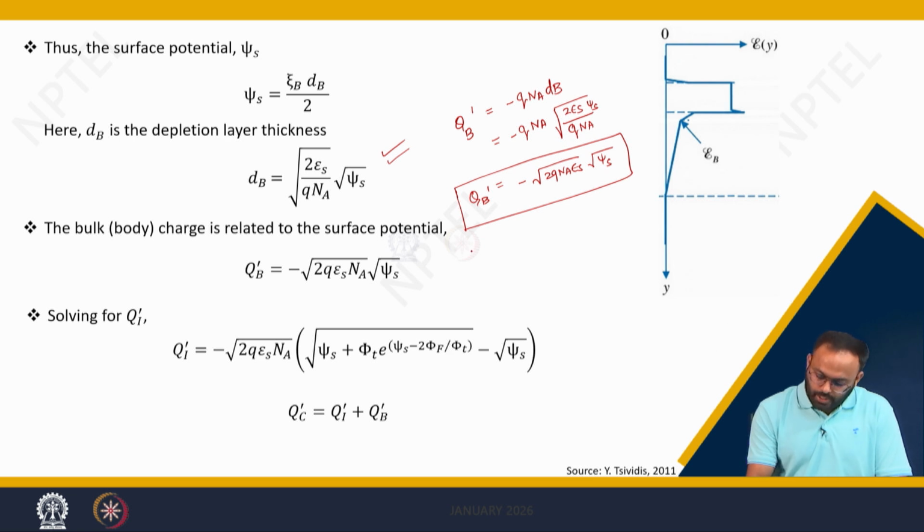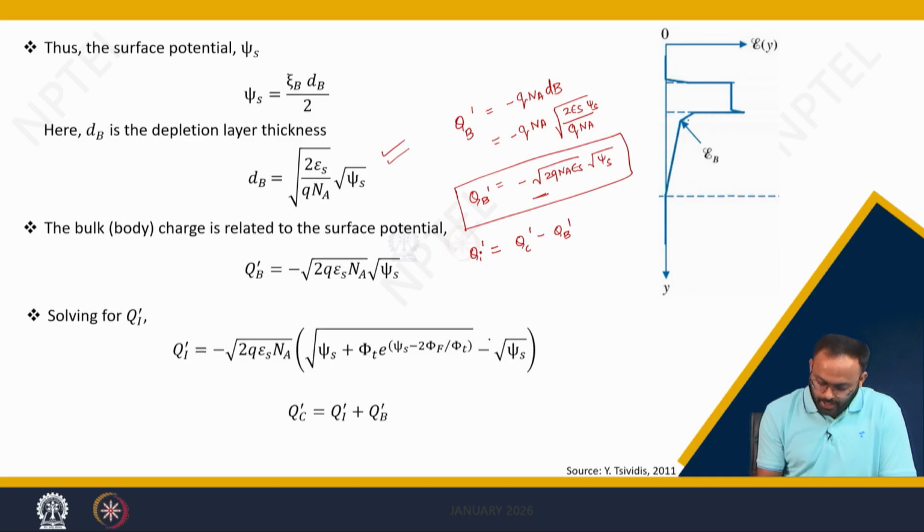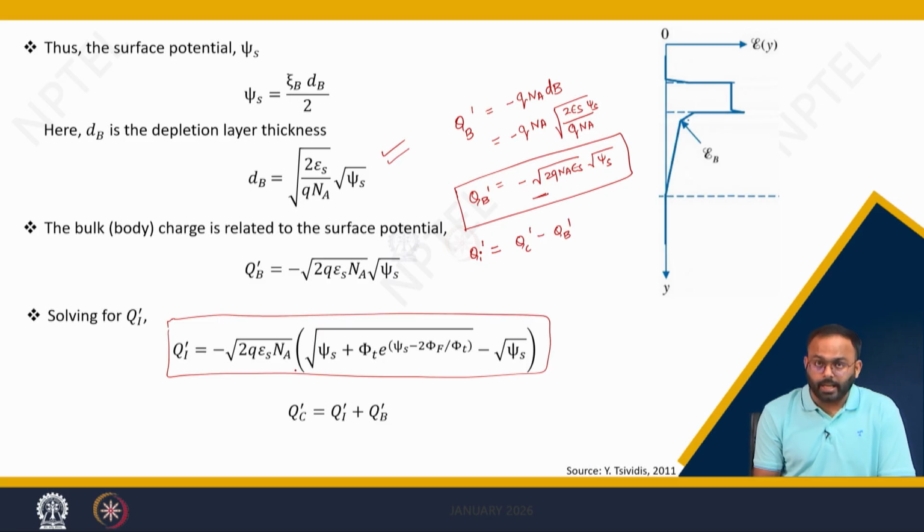Now, I am interested in calculating the inversion charge. We have already discussed that the inversion charge can be given by the total charge minus the bulk charge. Hence, you go back and put this bulk charge equation into that equation, and you will get Q_i dash equal to minus square root of 2 Q epsilon N_A, which is common.